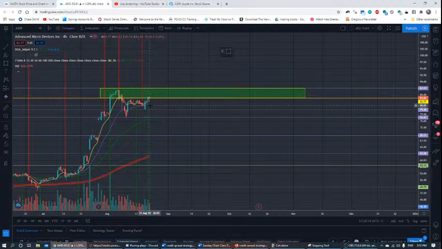DLA Sniper expired green on the 4-hour, and look where we landed. We ended inside this zone right here. That's confirmation for me to take AMD long, and my price target would be the top of the zone, just to be conservative.